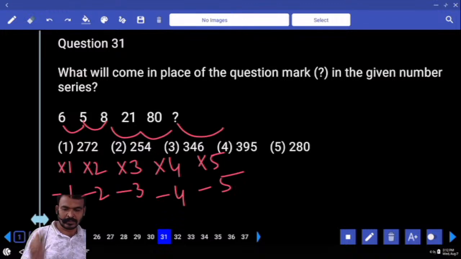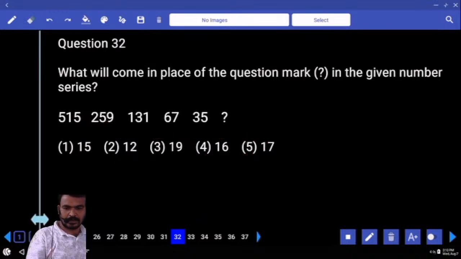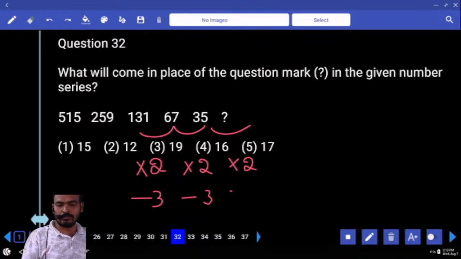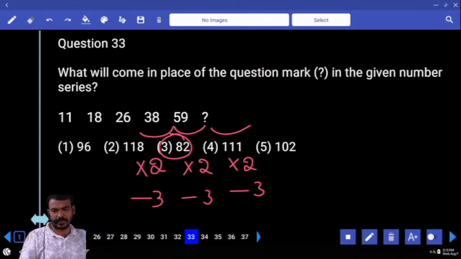What is the answer? 395. Next, 32. 35 2s how much? 17 minus 3. 67 2s, 134 minus 3. Means last one also into 2 minus 3, no? What is the answer? Next question number 33.